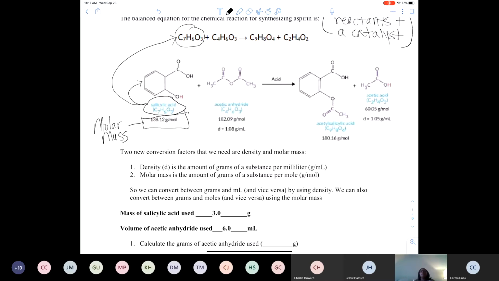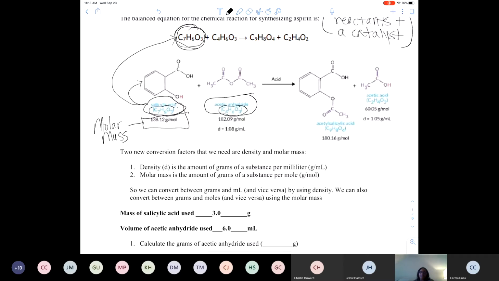And then when you add all those numbers together, you get the molar mass for that compound. And so that's what the molar mass represents for a compound. It's the sum of the atomic masses for all of the elements that make up that compound. And for salicylic acid, you have 7 carbons, 6 hydrogens, and 3 oxygens. So that's how that 138.12 was calculated.